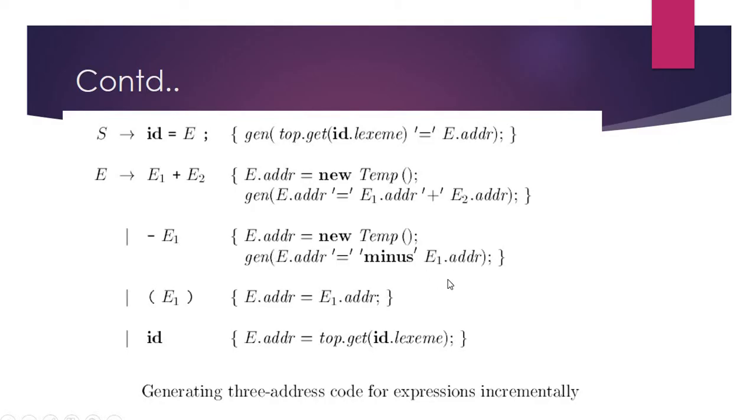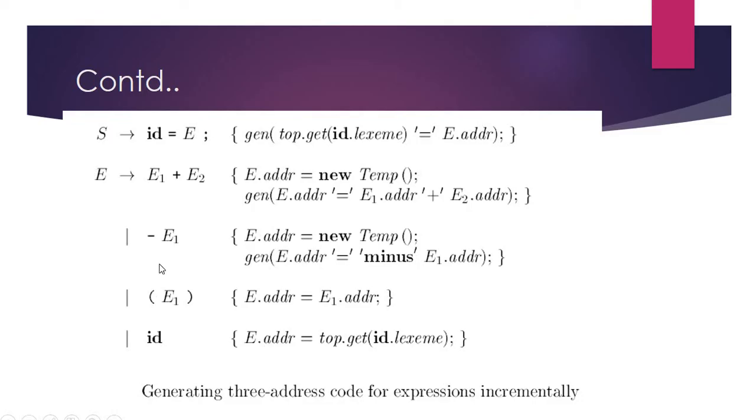So that we are accessing through E1 dot address. Then E dot address equal to the unary minus of this expression 1, where we have stored the temporary variable value we are going to assign here. That's why E dot address equal to new temp. Then E produces parenthesized E1. So whatever E1 value is there, that will be assigned to E. That's why E1 dot address is assigned to E dot address here.